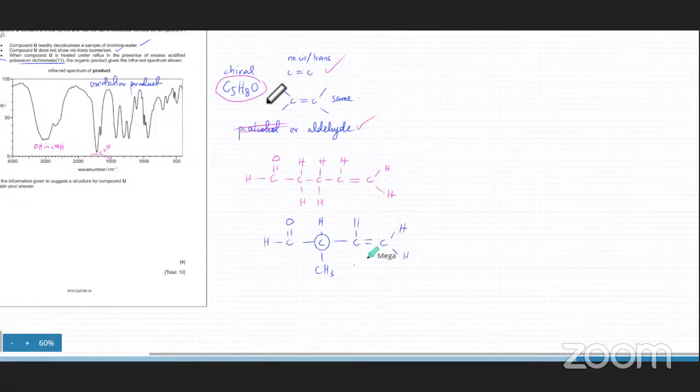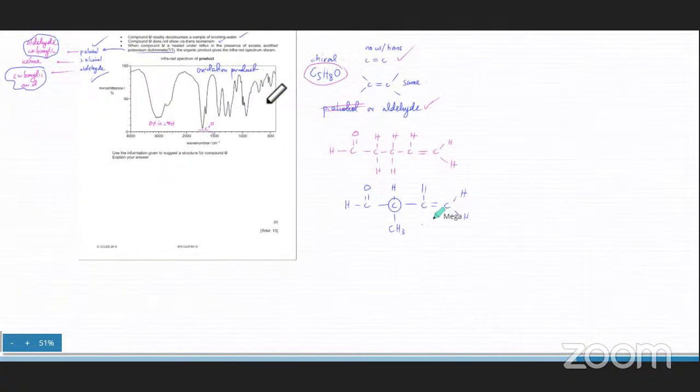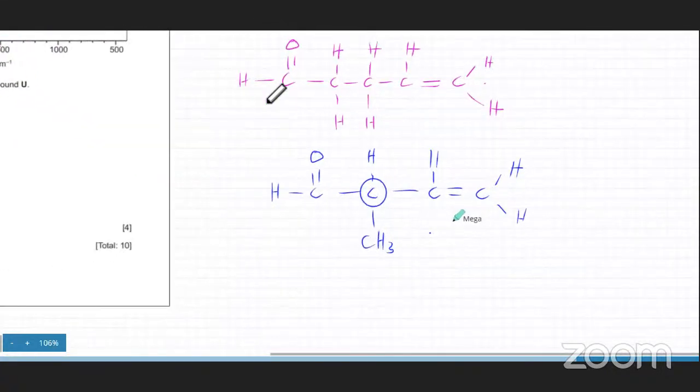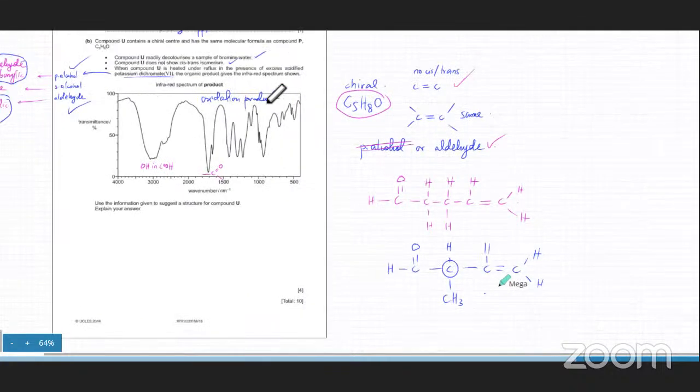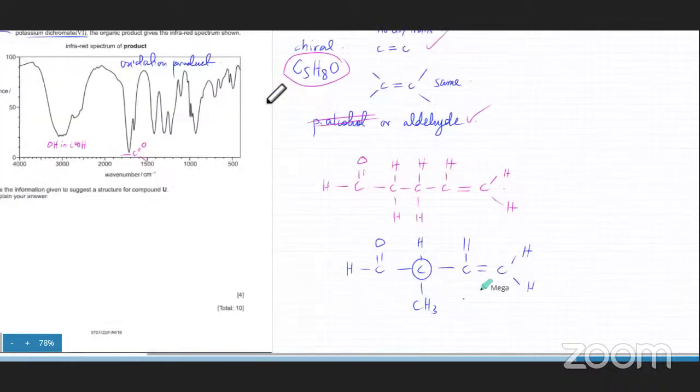Yes, sir. The number of hydrogens, like C5H8O. Could we say right in the beginning that this molecule cannot be an alcohol? No, you have to test it out, because with a double bond and with an alcohol, you can't really figure out how many hydrogens it has. You have to draw it. In order for it to be an alcohol, shouldn't it be 9 hydrogens, but there are 8?